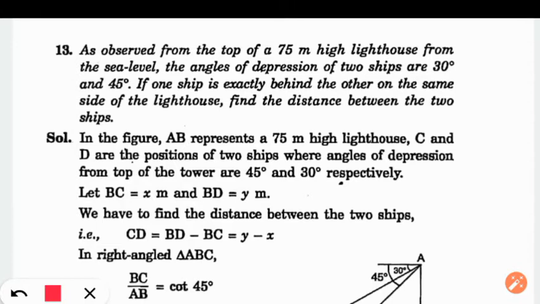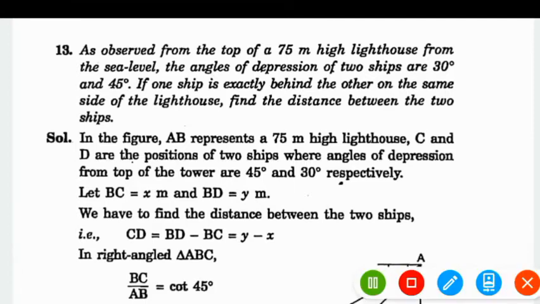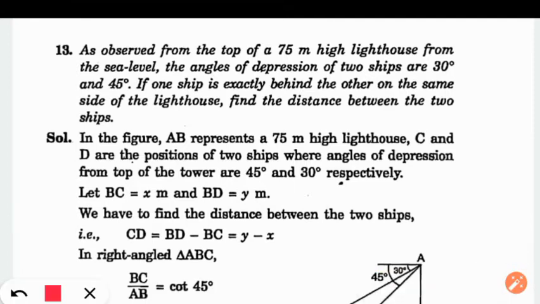So one lighthouse is there whose height is given, and from the top of the lighthouse two ships have been seen. If an observer is on the top of the lighthouse, he is watching down. So from up to down, which angle do we use? We use the angle of depression. The first angle with the first ship is 30 degree and the other one is 45 degree.